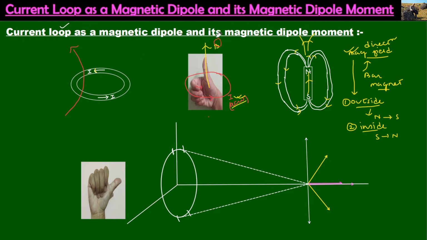This means you use this right hand rule to determine the direction of the current flow, and in that case, this will also be the direction of movement of the magnetic field lines.